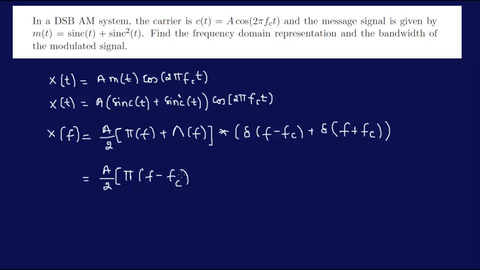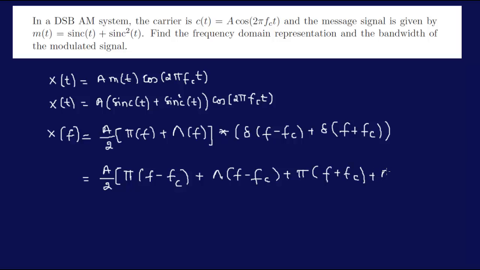We can deal with the pi's first. So we have pi, or maybe we can use the lambdas anyway, same thing, f minus fc, and then you do the same thing for your f plus fc's. So you have to be a little careful here with the Fourier transform, because you have to go back and forth a little bit.